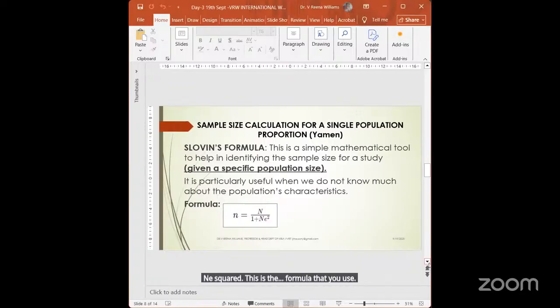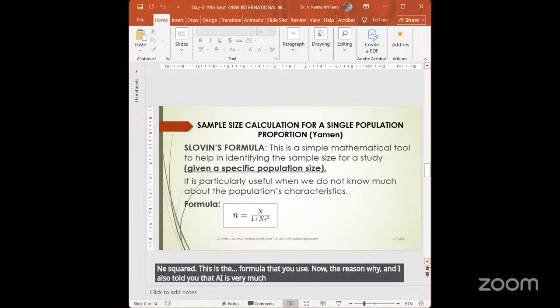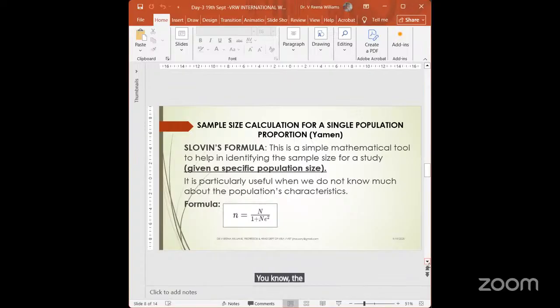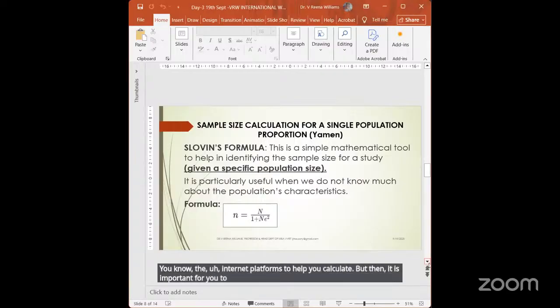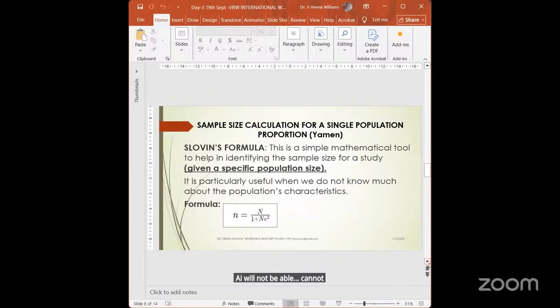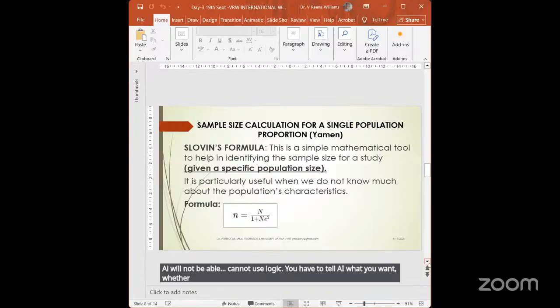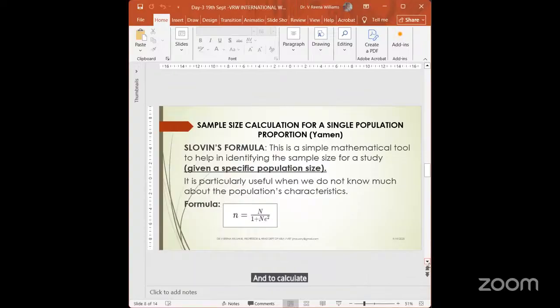Now, I also told you that AI is very easily available, and you can use internet platforms to help you calculate. But it is important for you to know which one, because AI cannot use logic. You have to tell AI what you want, whether the population is unknown, or the population is known.